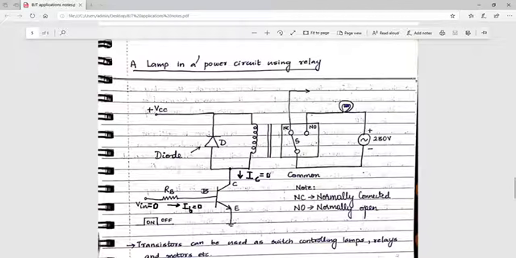Now, since this is also 0, the coil will not get energized. If the coil does not get energized, it will not act as an electromagnet. This switch will not move to the NO condition. So since the switch remains in the NC connection only, the circuit is not complete, and the bulb will not glow. Clear?